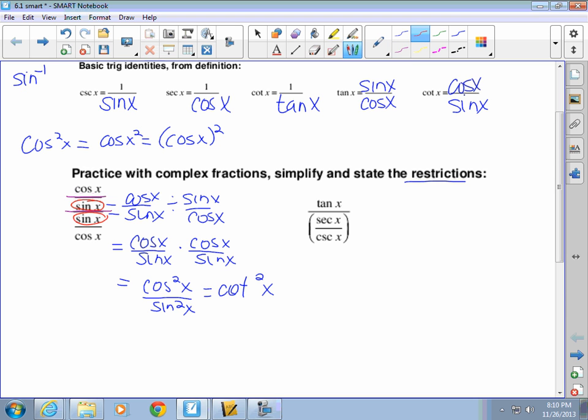There's a bar here too, so I need to do a restriction for that one as well. Like I said, the simplest way to remember is whenever you see a bar, you have to have a restriction.